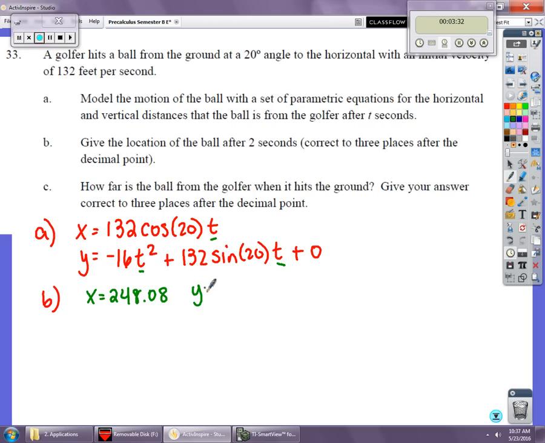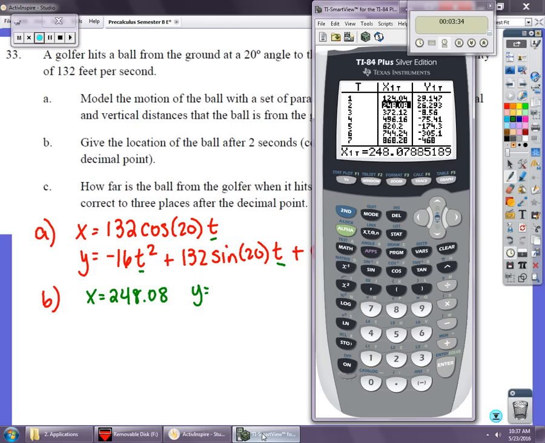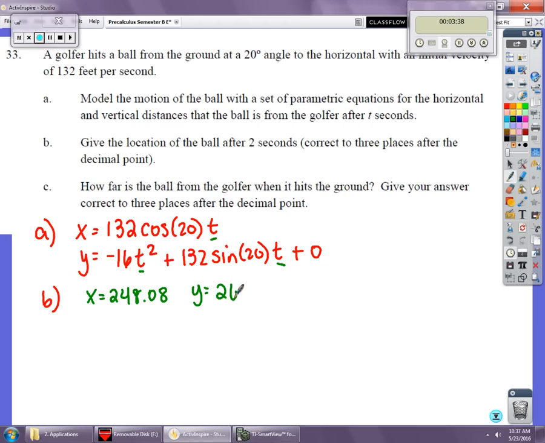Let me write down the numbers, and then we can talk about what they are. 26.293. Okay, these are both in feet. This one right here is the horizontal distance, and this one is my vertical.